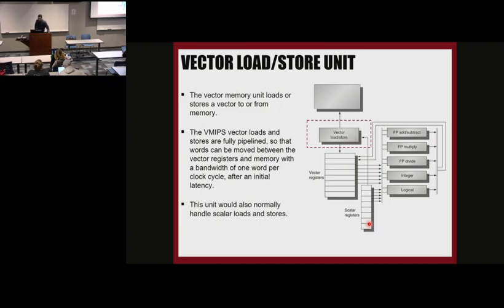Okay. So as you can see, there's another block called the vector load store block. This is responsible for moving vectors from memory to the registers, and vice versa, moving data from registers to memory when it's needed. This entire process is fully pipelined.